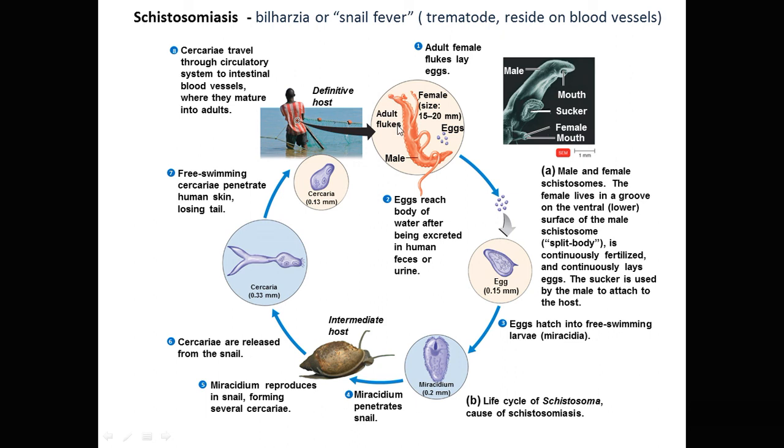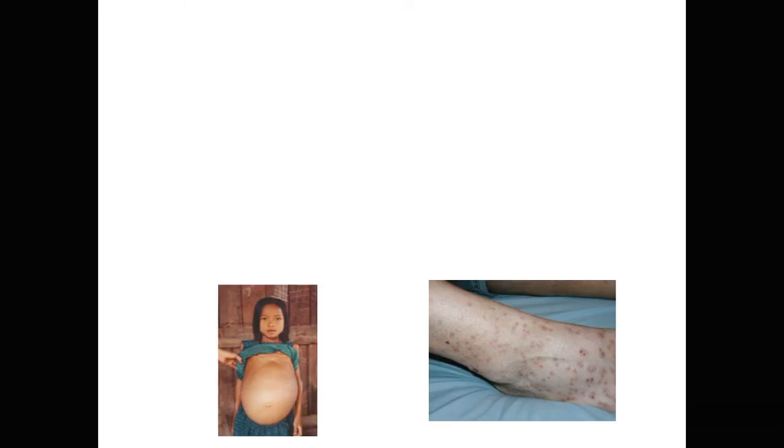Male and female flukes live together. Male fluke has this groove, and the female lives in this groove, lays the egg, and the male fertilizes the eggs, and the eggs are released either with urine or with feces, depending on the species.